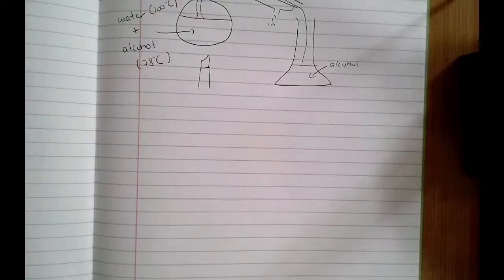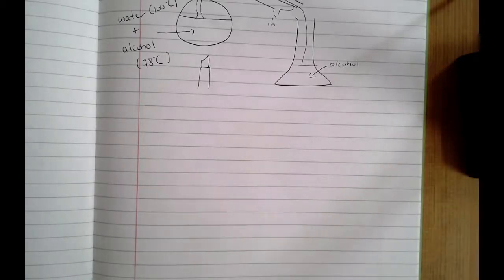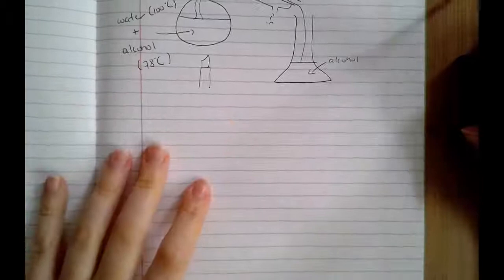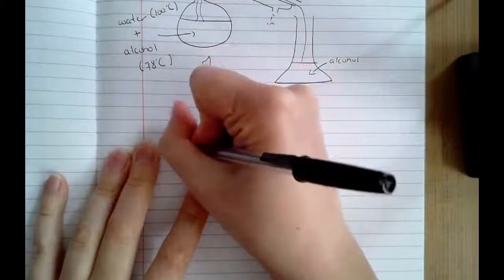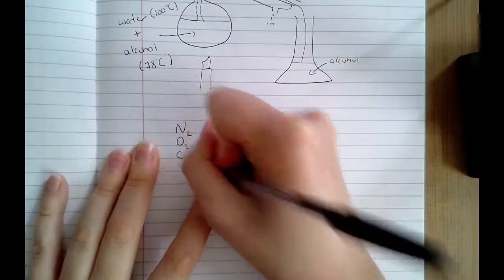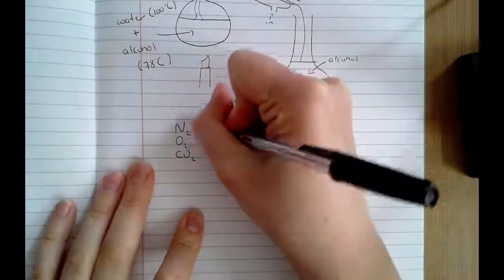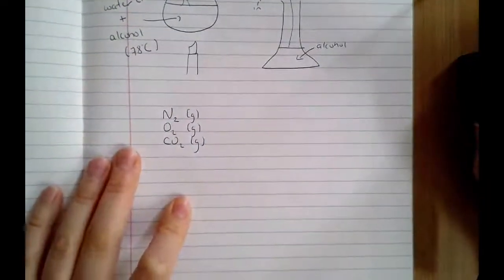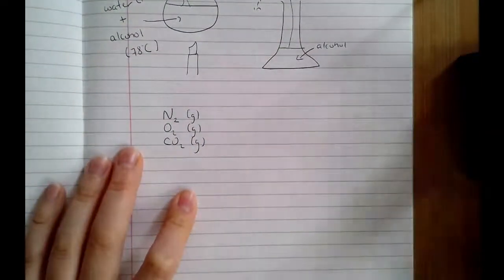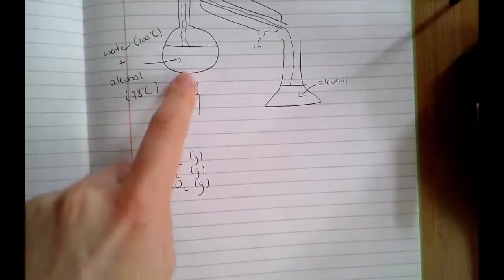So final use for distillation, you can actually use distillation to separate out the gases in air. So if we think of the gases that we've got in our atmosphere, we've got nitrogen, you've got oxygen, you've got carbon dioxide, and again, these are all gases. If you wanted to separate out these gases, you can use distillation. Now, as I said, we're using distillation to separate liquids, okay?